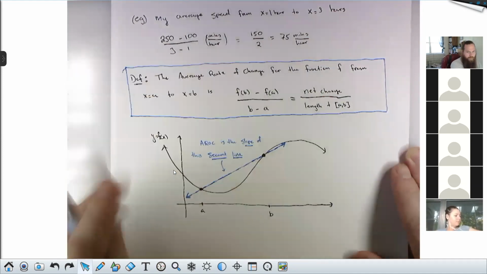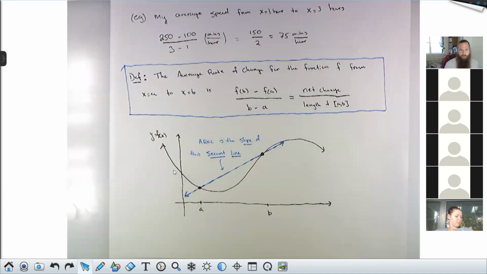I know some of you are taking trigonometry right now, or maybe took trigonometry last semester. The secant line in this sense, which is just a line that connects 2 points on a graph, the reason we call that line a secant line is connected to the secant function from trigonometry. If you look at the geometric definition of the secant function, it is the length of a certain secant line.